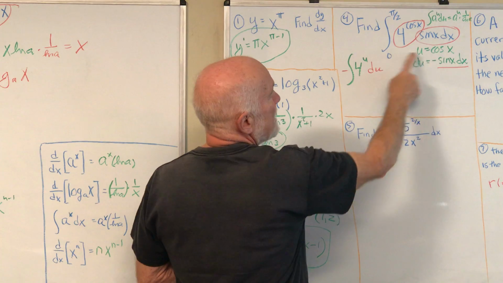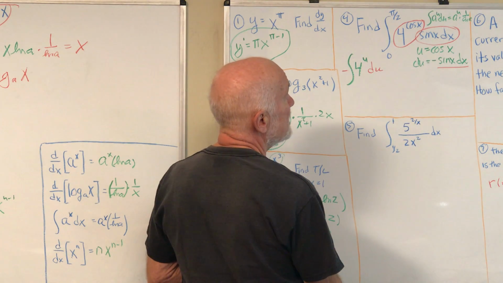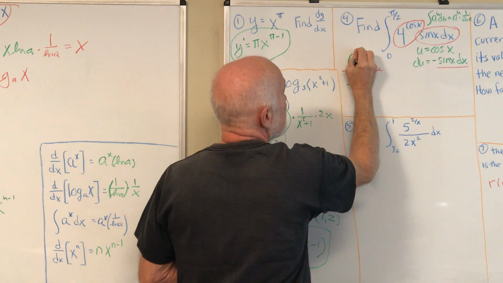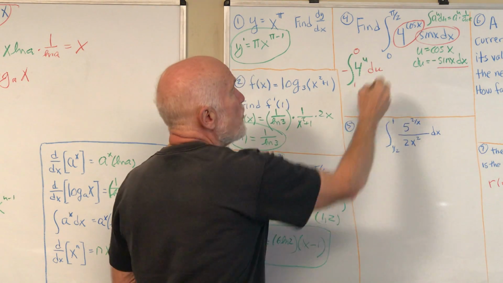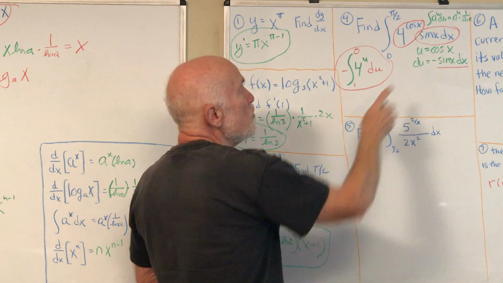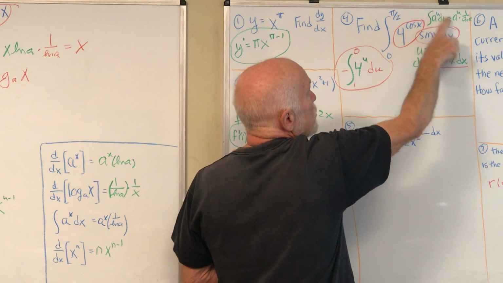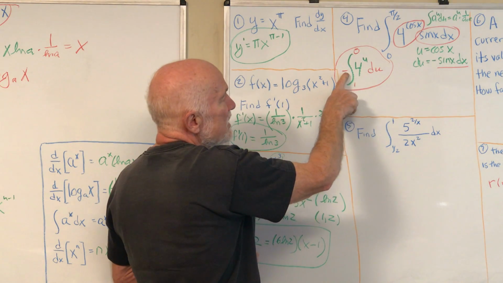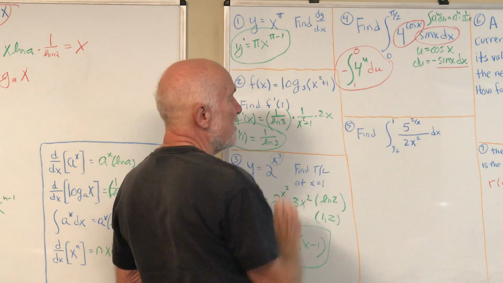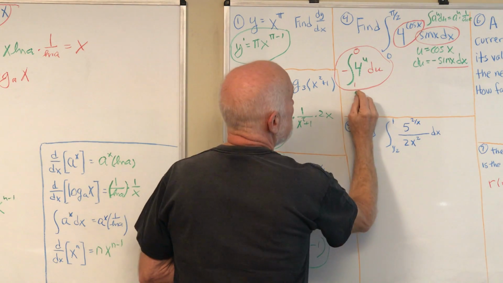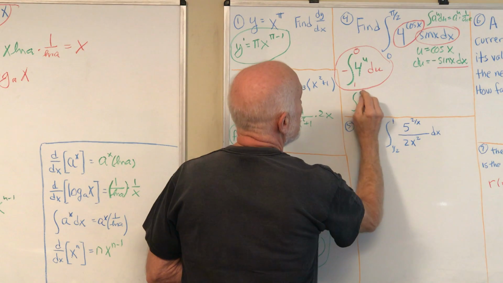And then 0 becomes the cosine of 0, which is 1, and pi over 2 becomes the cosine of pi over 2, which is 0. So we've transformed the original one into a new form that we know, a to the u du. And if you don't like to go from big numbers to small numbers, we're always allowed to take that minus sign and go from 0 to 1.